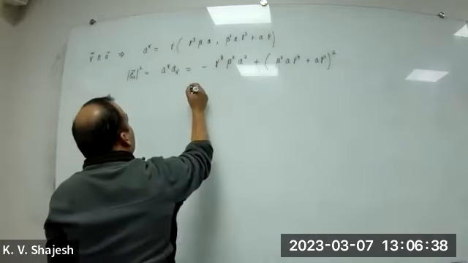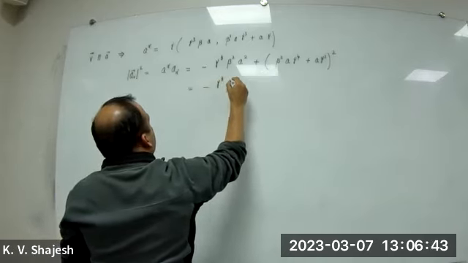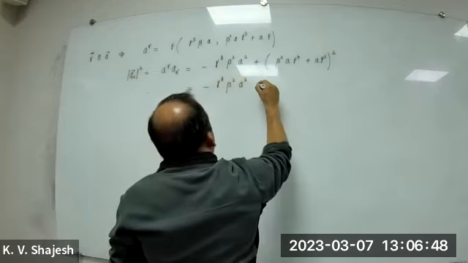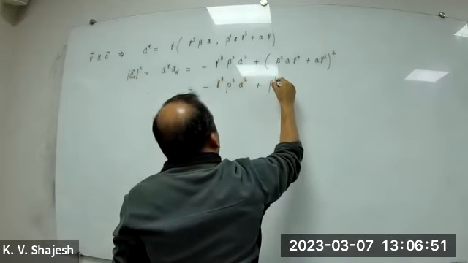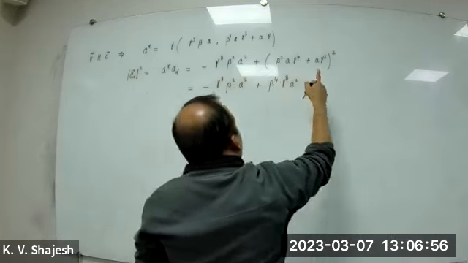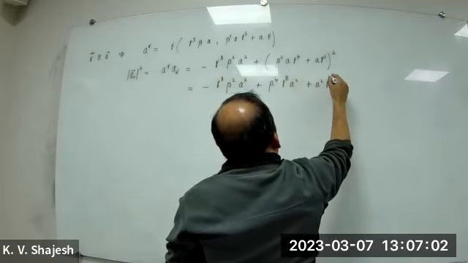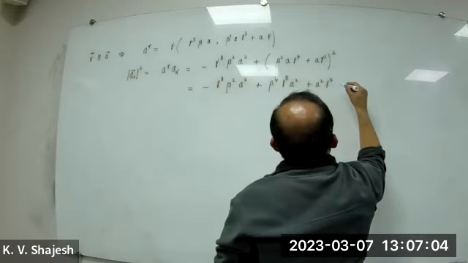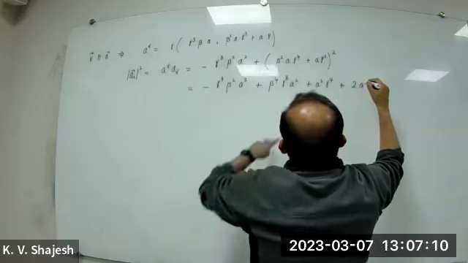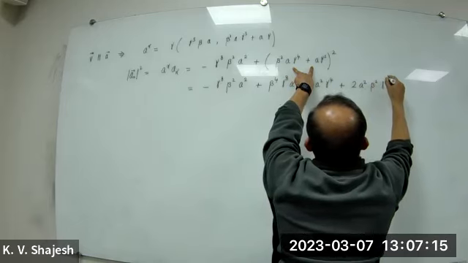Put this together. This is minus gamma 8 beta squared A squared plus beta raised to 4 gamma raised to 8 A squared, and plus A squared gamma 4, and a combination of this, right? 2 times A squared, 2 times A squared beta squared, and gamma 6.